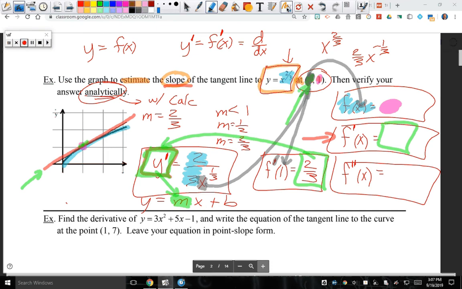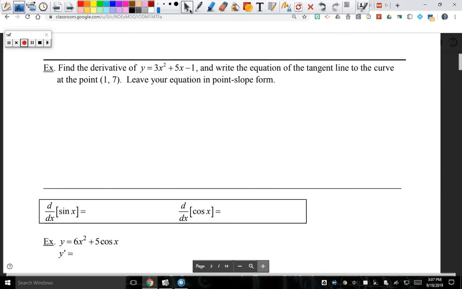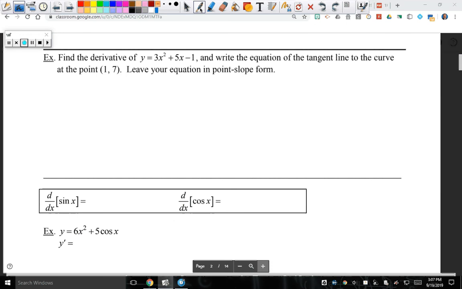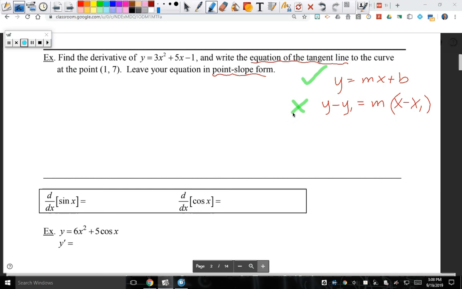Awesome, awesome questions. All right, so let's move on to this one. The equation of the tangent line is AKA the point-slope formula. So way back when in Algebra 2, we learned this equation, and we learned this equation. And I'm willing to bet that almost all of you preferred this equation, and you're like, ugh, to the point-slope.